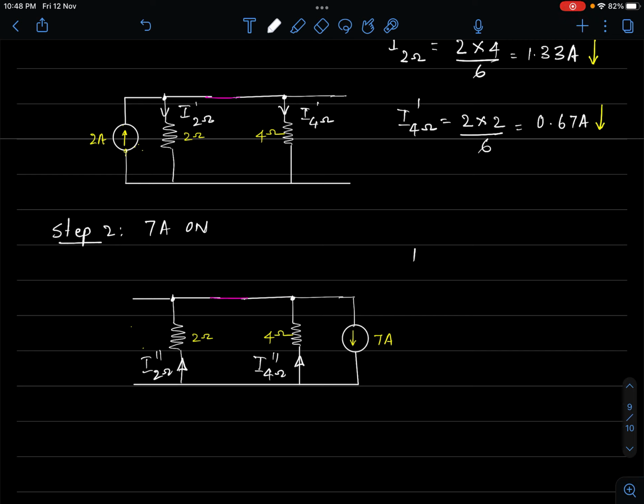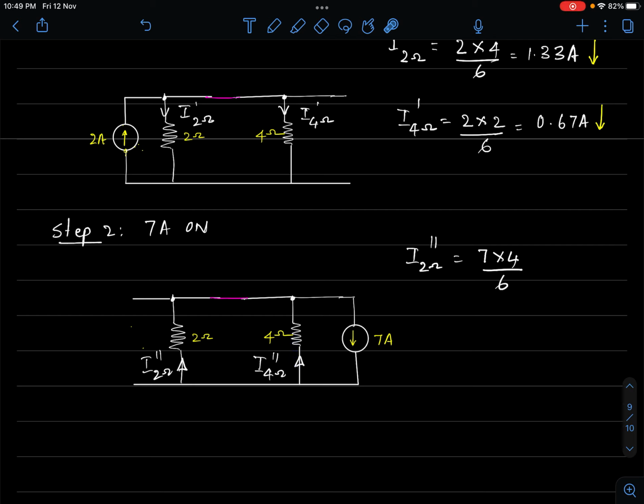Okay. Now, the second step, during the second source, what is the current now? I 2 ohm double dash is equal to, again current division, 7 into 4 divided by 6. I suppose you know how to do it. When two resistors are connected in parallel, we apply the current division as the total current entering the junction multiplied with the resistance of the other branch divided by the sum of the resistances to find out the current in any one branch.